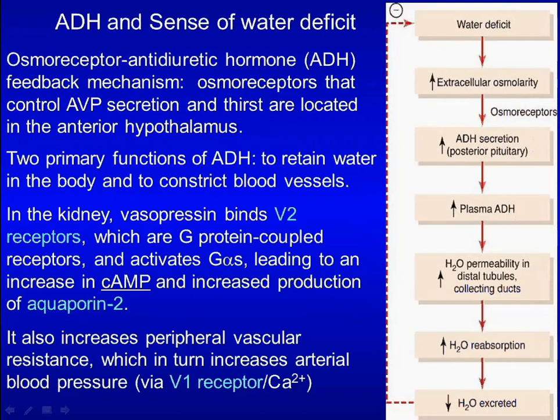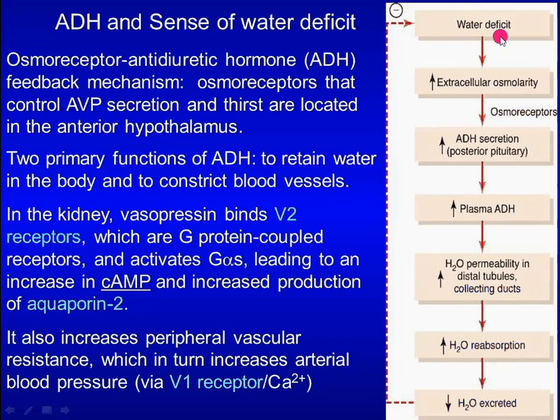ADH has two primary functions. One is to retain water in the body. Second is to constrict blood vessels. Let's look at the first function. ADH acts on the distal tubular and collecting ducts in the kidney to increase water permeability. This leads to increased water reabsorption and decreased water excretion.